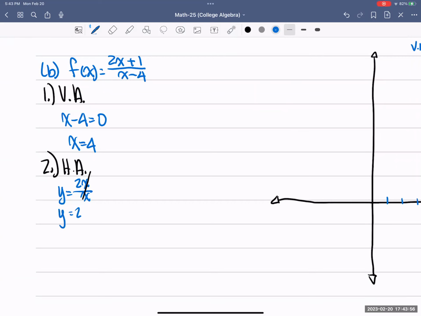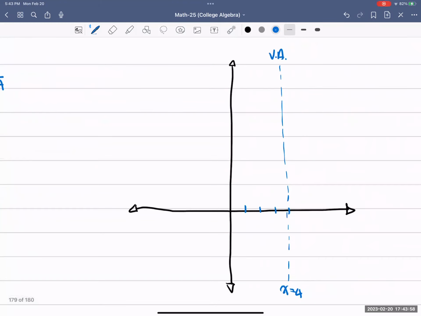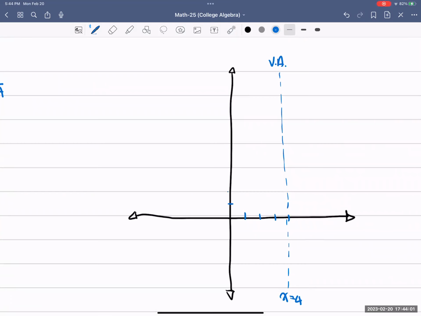So y equals 2 is our horizontal asymptote. So y equals 1, 2. That's our horizontal asymptote. So horizontal asymptote y equals 2.